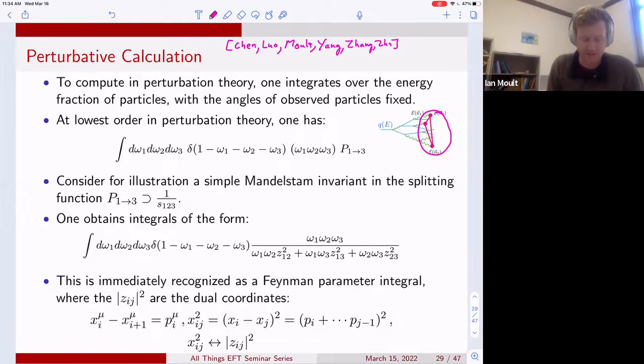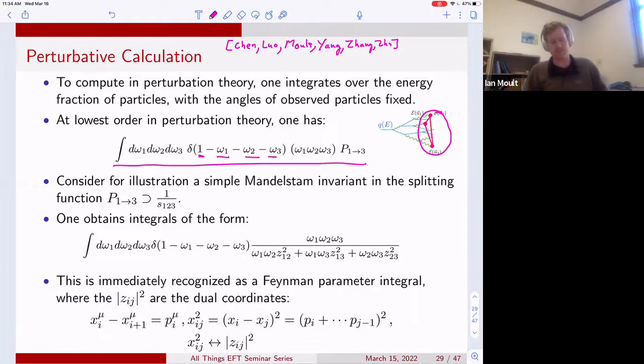And so in particular, you'll get some integral like this, where these omegas are the energy fractions, and they're constrained just by energy conservation. And then you have some matrix element, which in this case is, for example, the 1 to 3 splitting function for a quark into 3 partons.